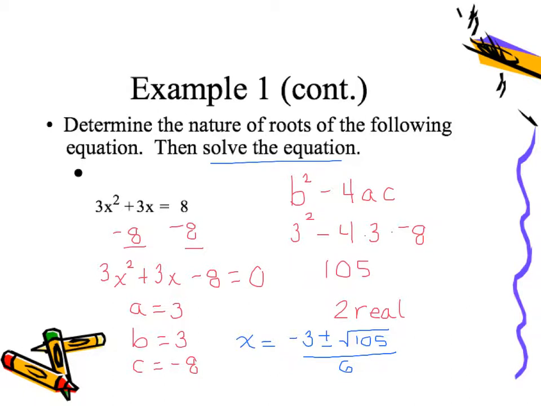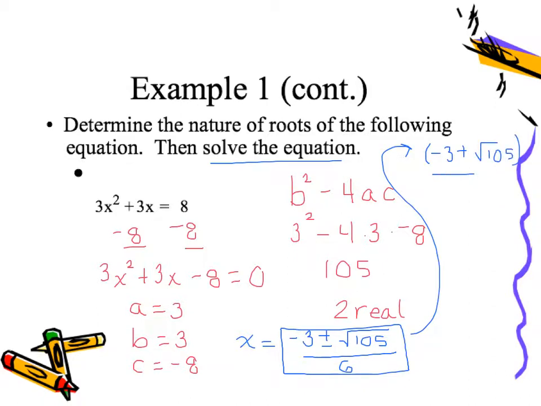So this is an exact value for the solutions. If we want to estimate, to get decimal approximations for those solutions, we would once again type in negative 3 plus the square root of 105 in parentheses and divide by 6 to get one of them, and then do the same with the minus to get the decimal approximations of those two real solutions.